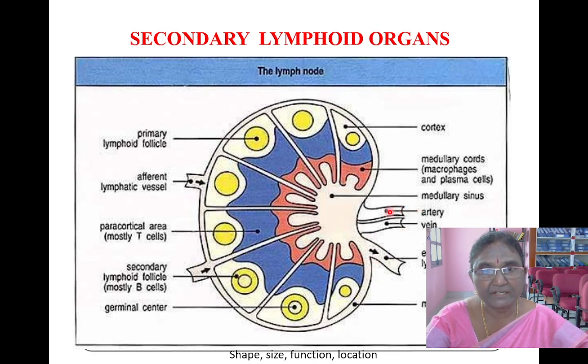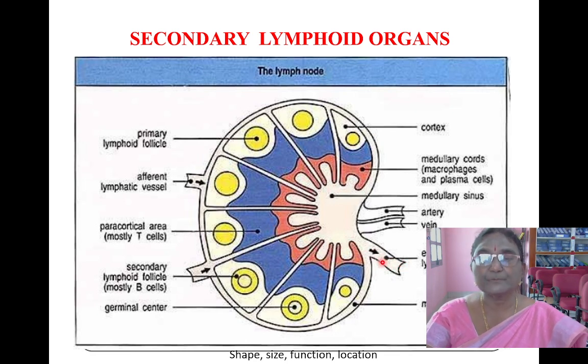That is, the artery enters and the vein comes out. On this side a single efferent lymphatic vessel goes out from the lymph node.